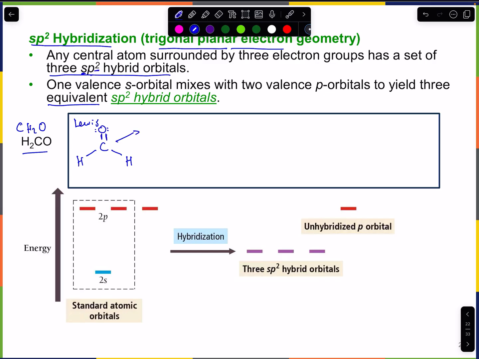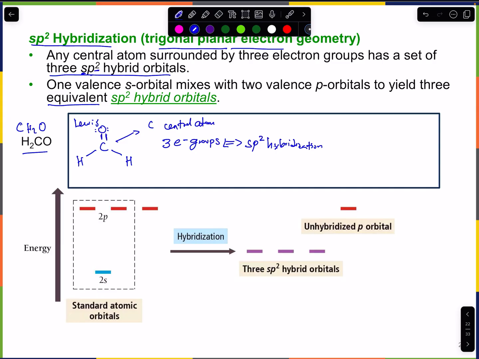In this case, you can think about carbon as the central atom. Carbon is the central atom. And you can see that around that central atom we have 3 electron groups. 3 electron groups, again, is equivalent to having sp2 hybridization. Hybridization, right?